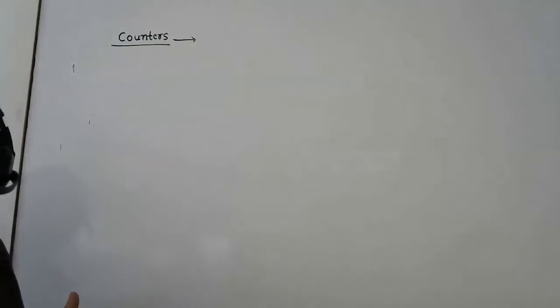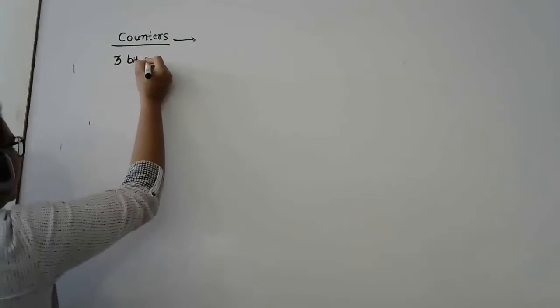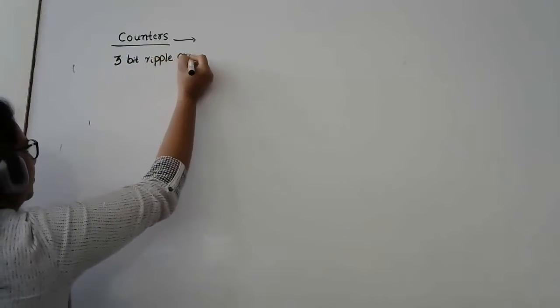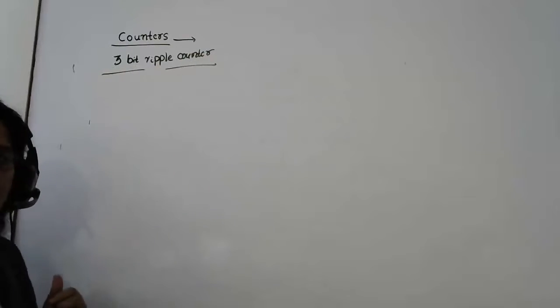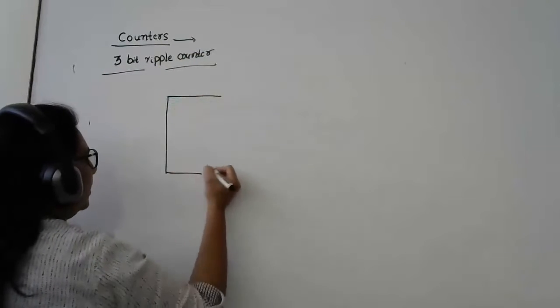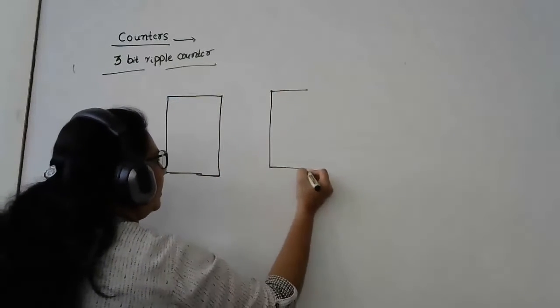So let me design a 3-bit ripple counter. Okay, so what I have done, I need to take 3 flip-flops, correct? Now what's the type of flip-flop I'm taking? I'm taking a T flip-flop.